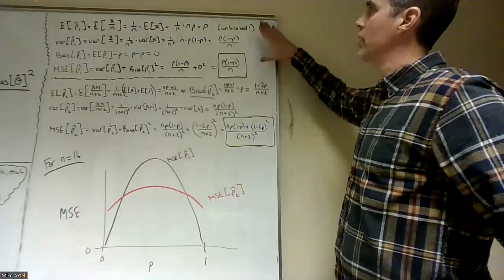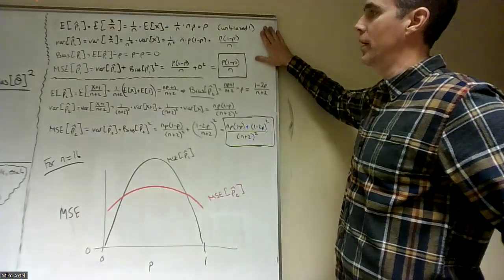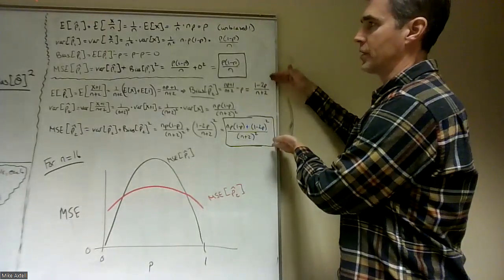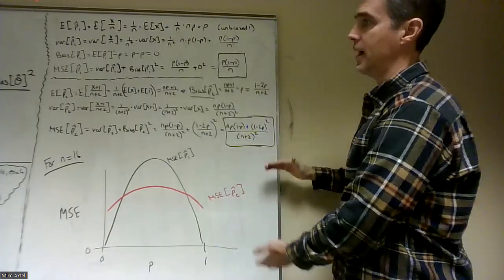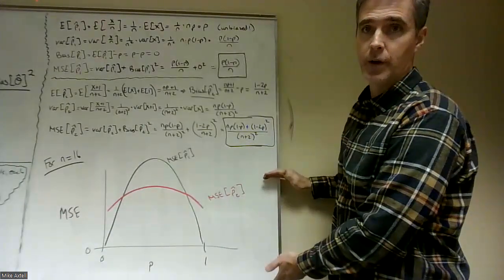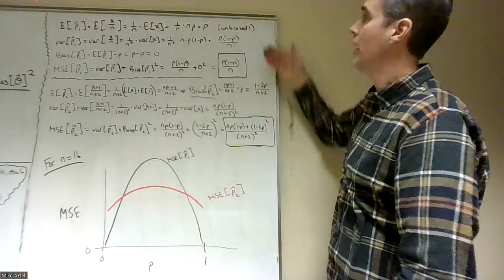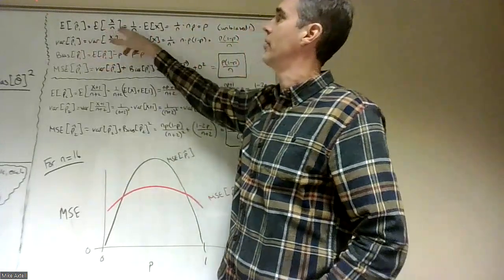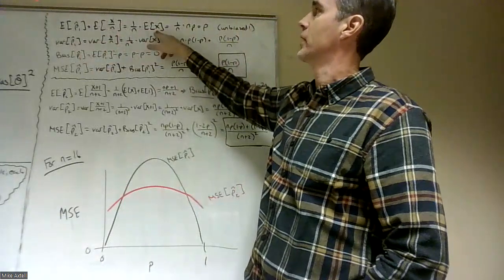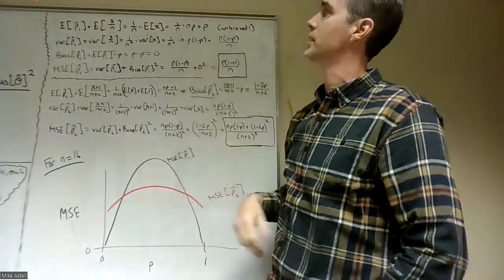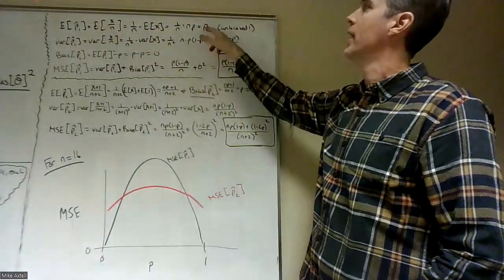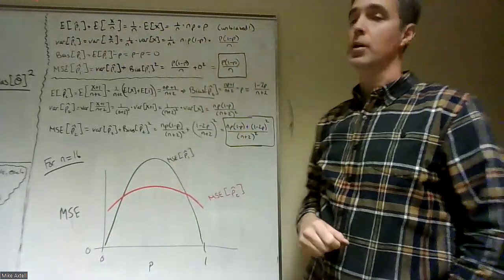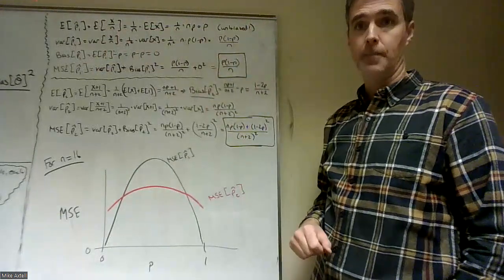All right, so up here, I'm calculating the mean squared error of p1 hat. Down here, I'm calculating the mean squared error of p2 hat. And down here, I'm comparing those two mean squared errors. Up here, p1 hat was X over n, so for its expected value, I can drag the 1 over n out. The expected value of X is n times p, since X was binomially distributed, that cranks out to p. So great, p1 hat is an unbiased estimator of p.